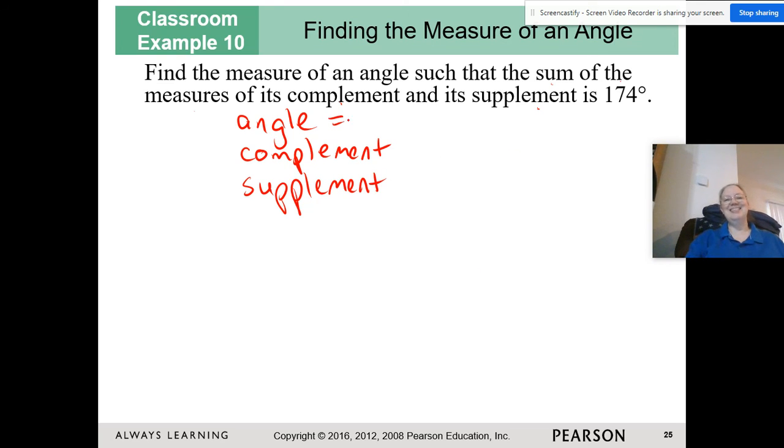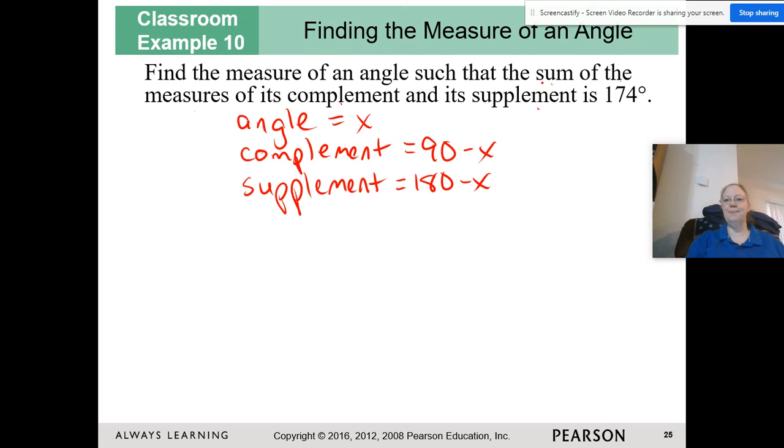It did not say anything like the last slide, where it said the complement was such and such. So we have to go back to our old standby. If we know the angle is x, then the complement has to be 90 minus x, and the supplement has to be 180 minus x. Unless it says the complement is such and such, we're going to use these for complement and supplement.